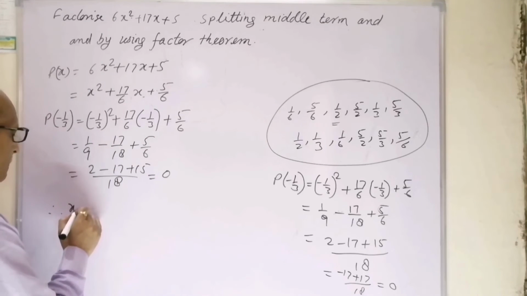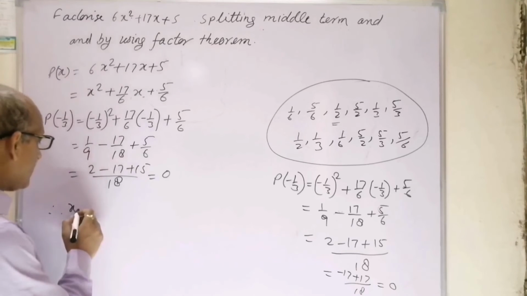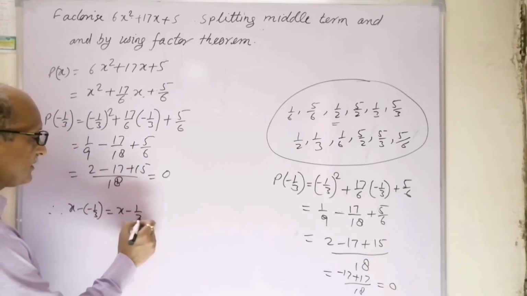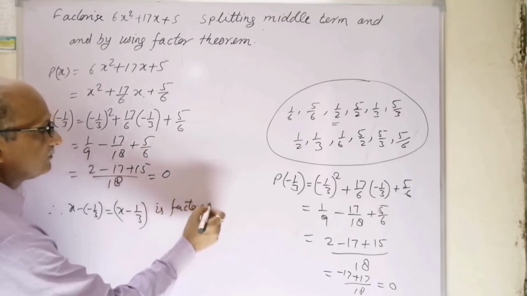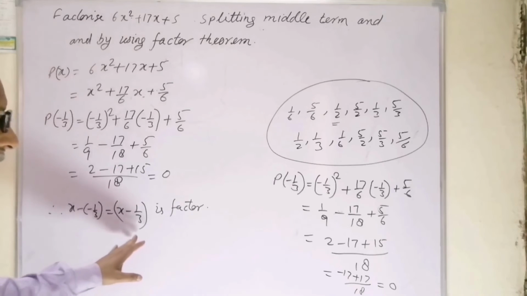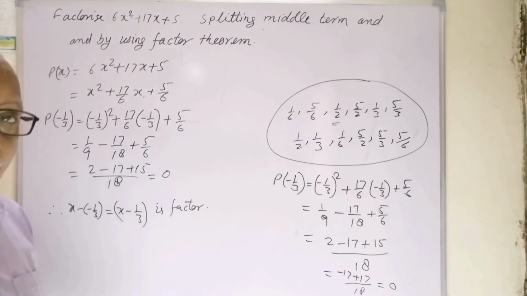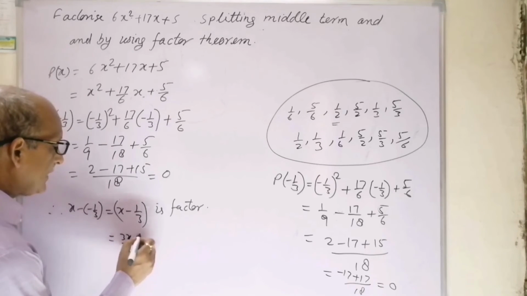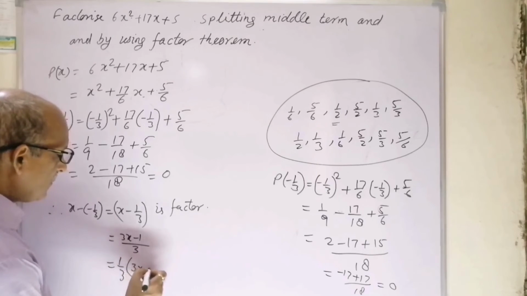Therefore p of a is 0, then x minus a is a factor. So x minus of minus 1 by 3, that is equal to x plus 1 by 3, is a factor. So if it is a factor, go again to the basic concept of the polynomial. We can take LCM to have 3x plus 1 upon 3, that is 1 by 3 and 3x plus 1.